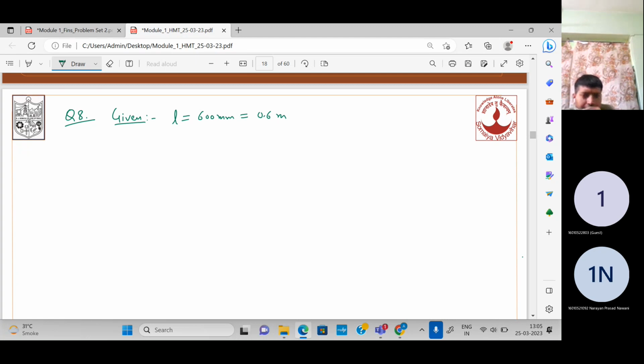Now the diameter of the fin is given as 5 mm, so it is equal to 0.005 meters. Fine. Now the fin base temperature. Fin base temperature is given as 150 degrees Celsius.